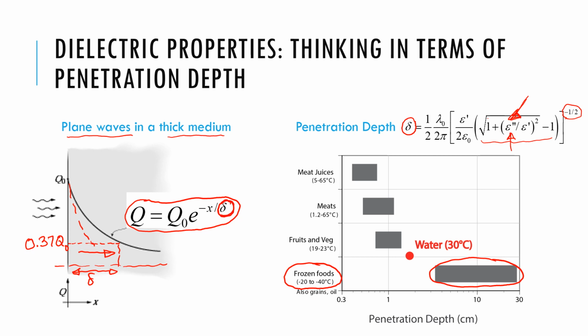Whereas meat juices or something like a soup that has lots of water and lots of ions, the penetration depth is going to be much smaller. You notice this is like 0.5 centimeter or 5 millimeters.